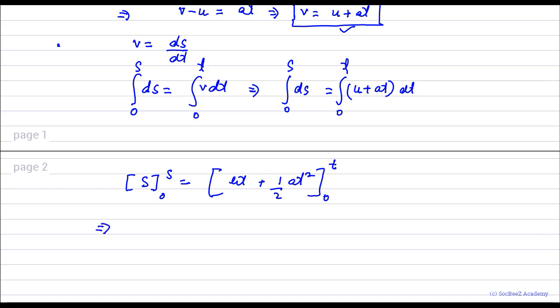So this gives me s as ut plus half at square.